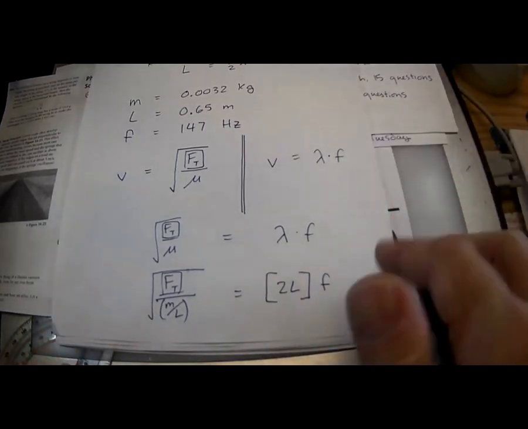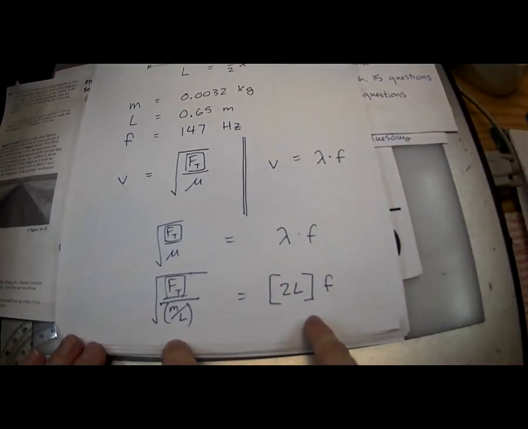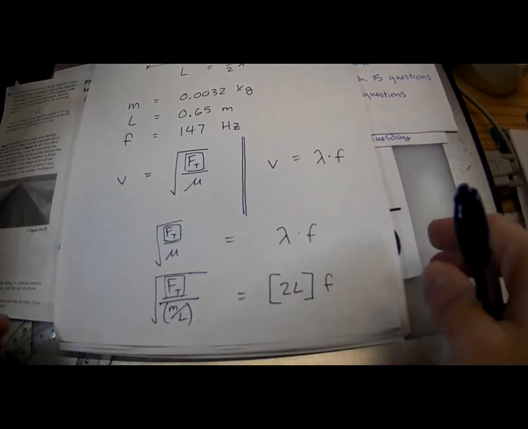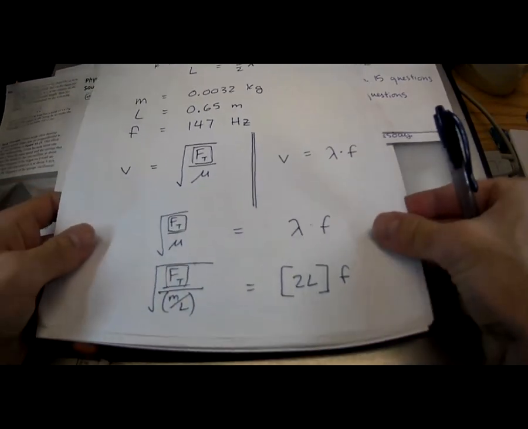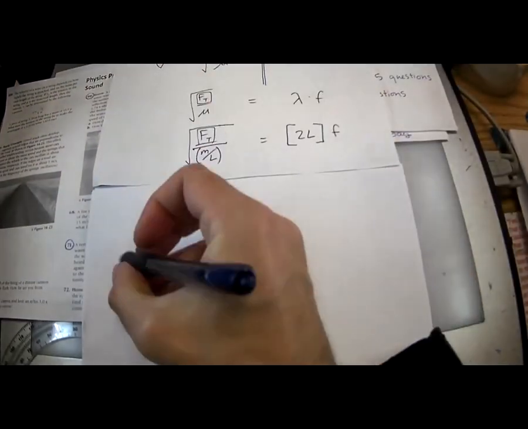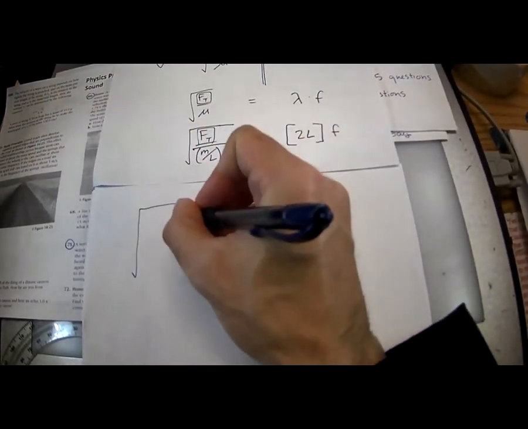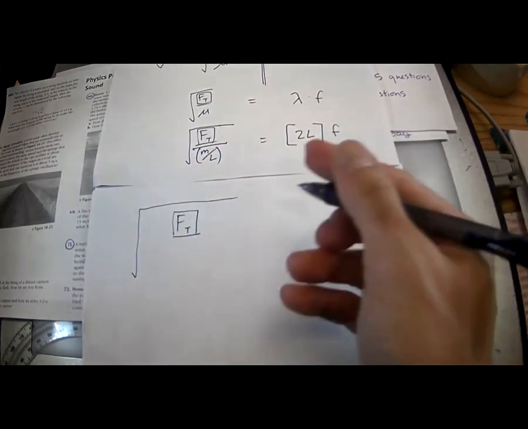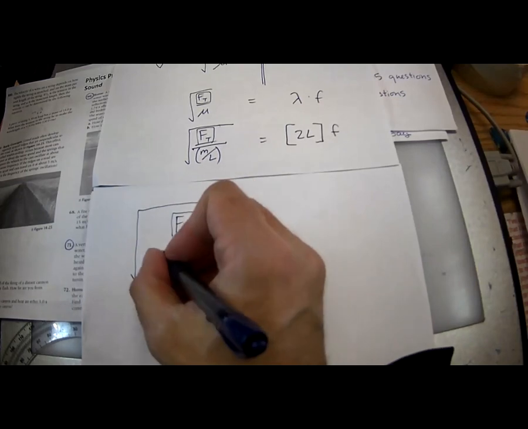I know I've been solving a bit in terms of variables. Let's go ahead and solve some stuff. I guess I'll go ahead and plug in numbers at this point. Right, you need to plug in numbers at some point. So I've got, taking it from here, a big old square root of the tension force that we're solving for. We're trying to figure out how much tension we have to give the string to hit this target frequency.